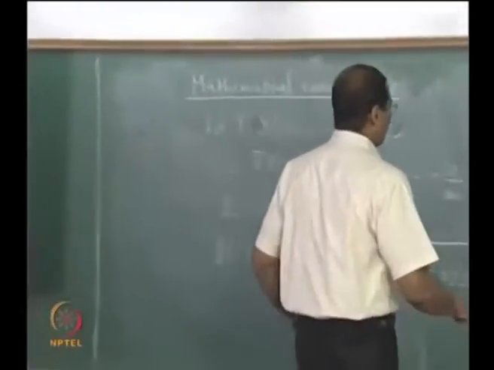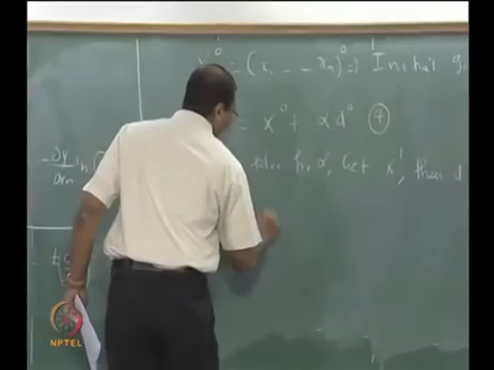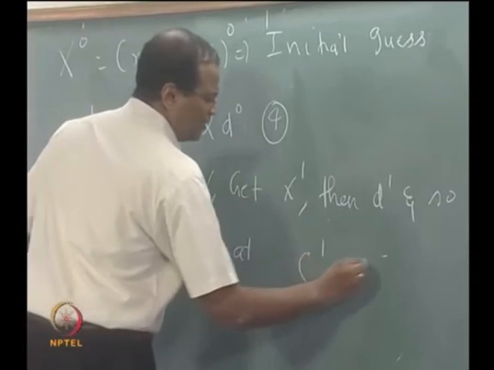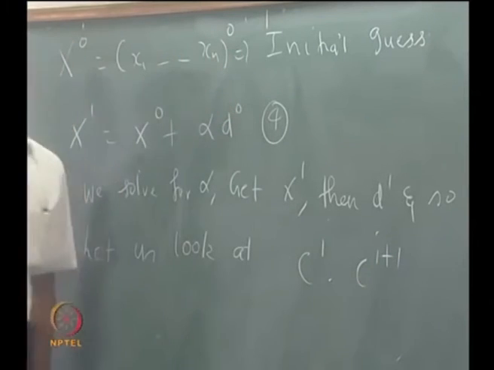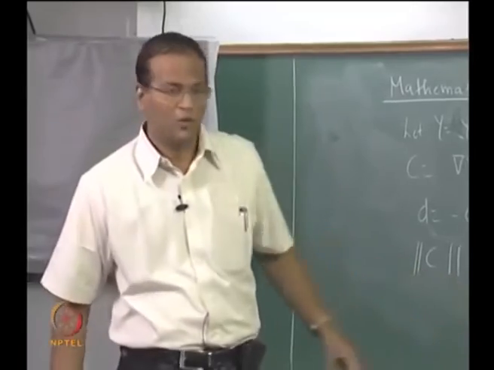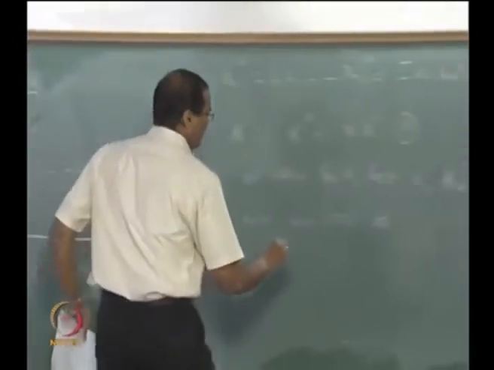Now let us look at Ci, what is the product of Ci and Ci plus 1, where C itself is given by del of y. I am trying to see whether Ci into Ci plus 1 equals 0, so that the new direction is always orthogonal to the old direction. It has to be so, but now we will prove it formally.